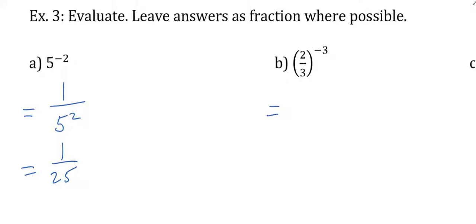Yeah, so the exponent applies to both. And then I have to figure out both separately. So 3 to the 3 is 3 times 3 times 3, 27. And 2 to the 3, 2 times 2 times 2, 8. 27 over 8.